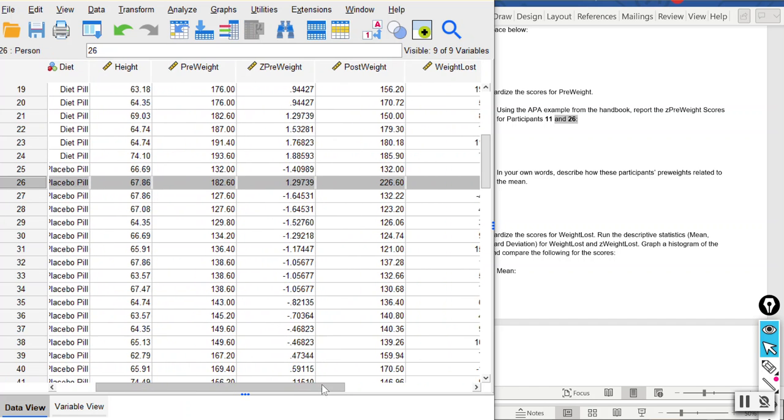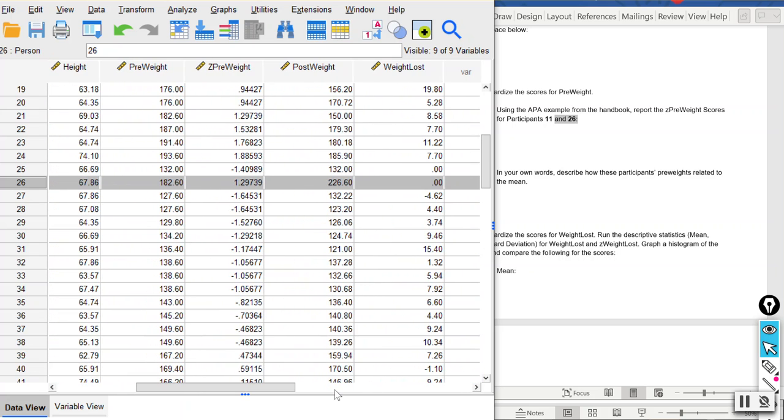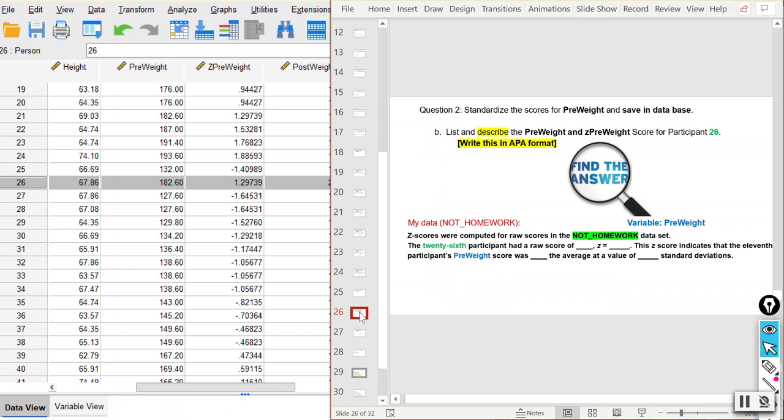And if I was to move over just a little bit, we're going to look at the Z pre-weight and the raw pre-weight, the unstandardized and the standardized. We see this raw score of 182.60 and a pre-weight of 1.29738 or 739. So we're going to go into here and just see how it's written out.